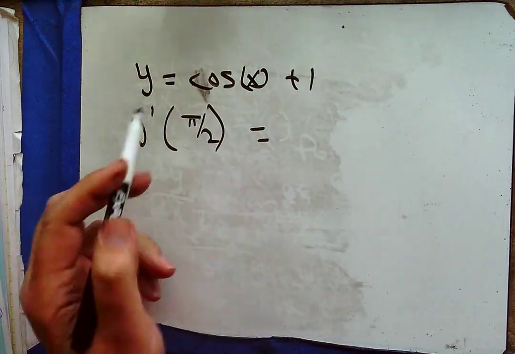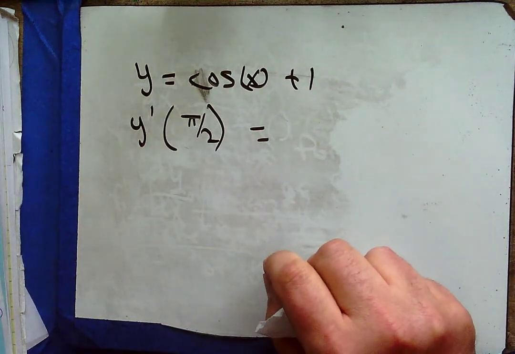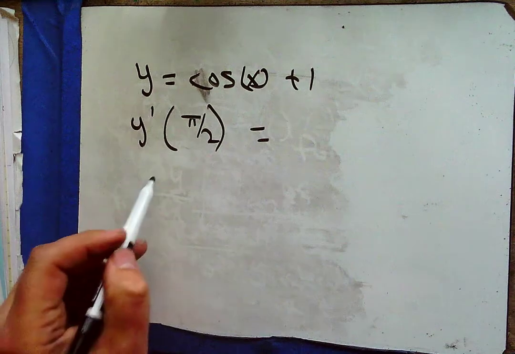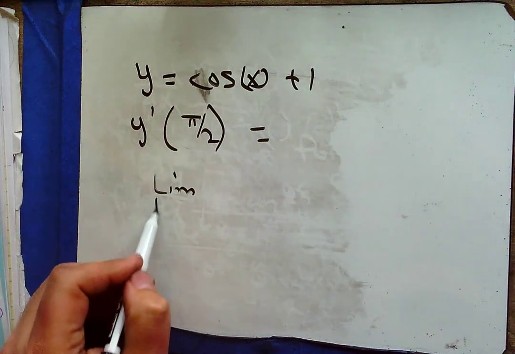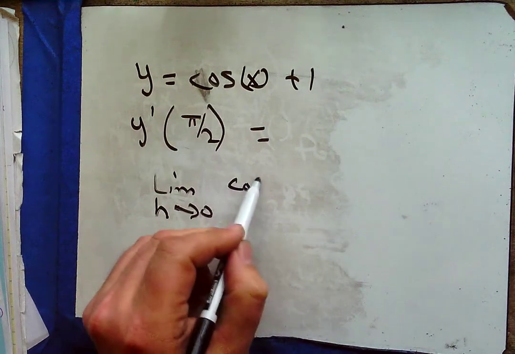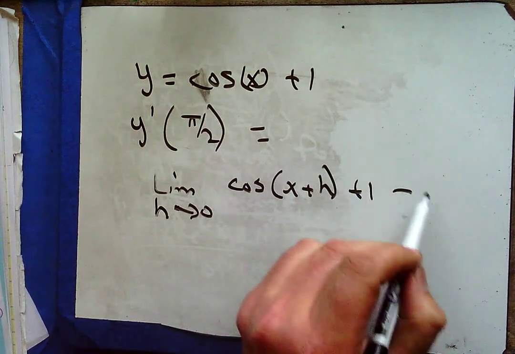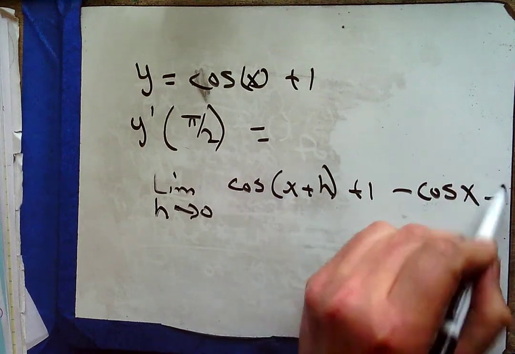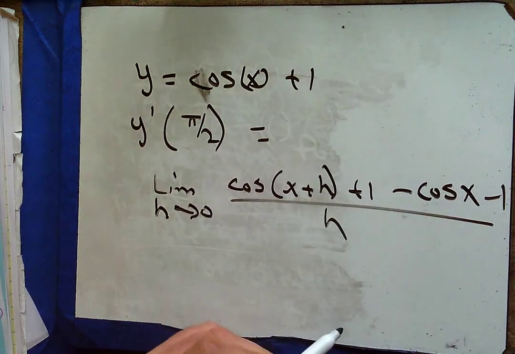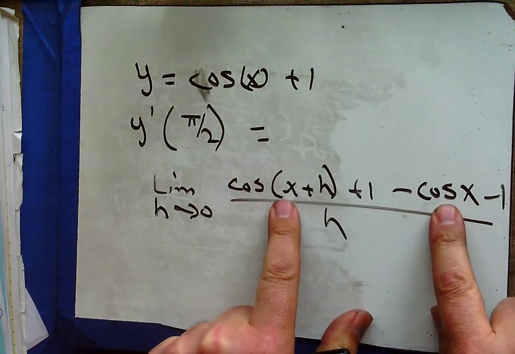Okay, and so we say, well, we don't know how to do limit definition of the derivative with trig functions. I mean, if I try to, I have the limit as h heads to 0 of cosine of x plus h plus 1 minus cosine x minus 1 all over h. And I can't do anything with these.